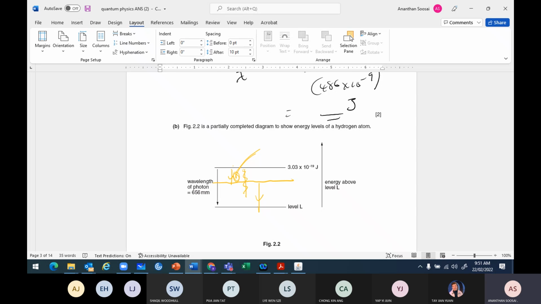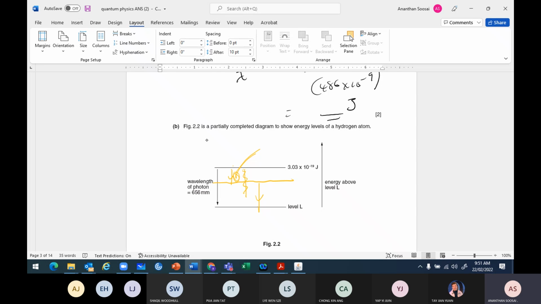It's also more. So both are going to be wavelengths greater than 656. But you want one wavelength shorter than this, so the energy level must be bigger. So where do you draw? Up here, on top. The energy level should be on top.